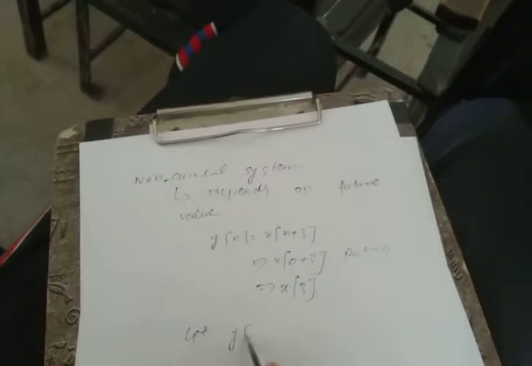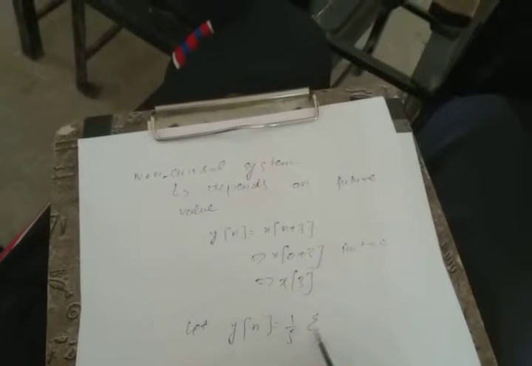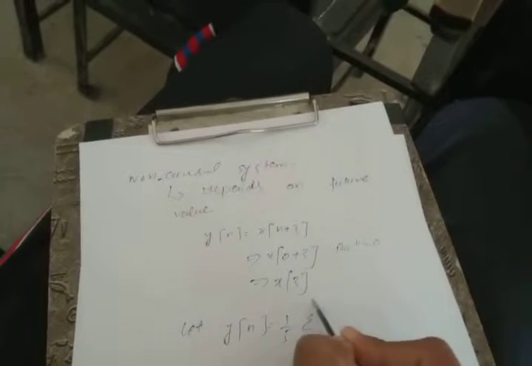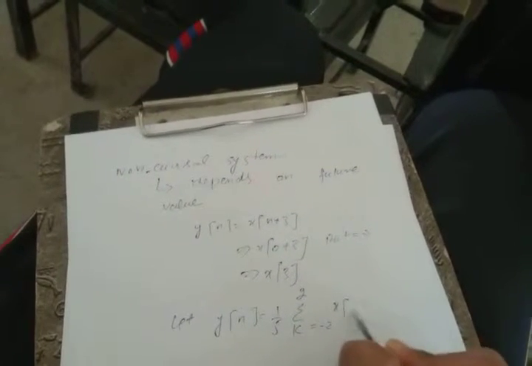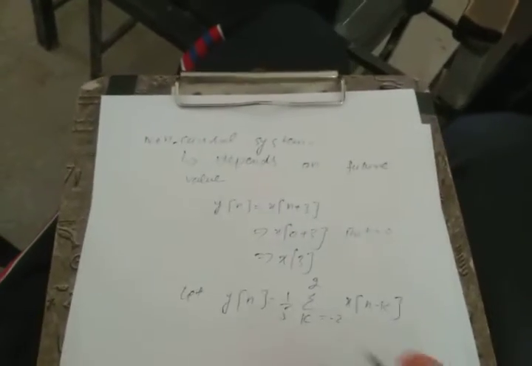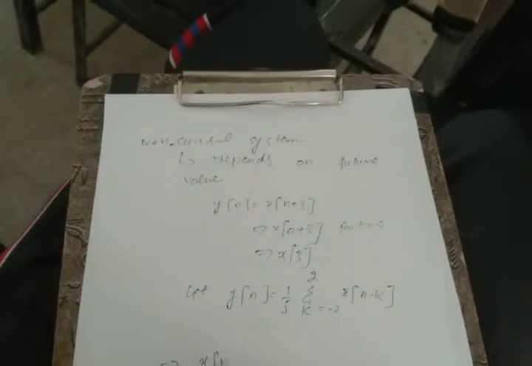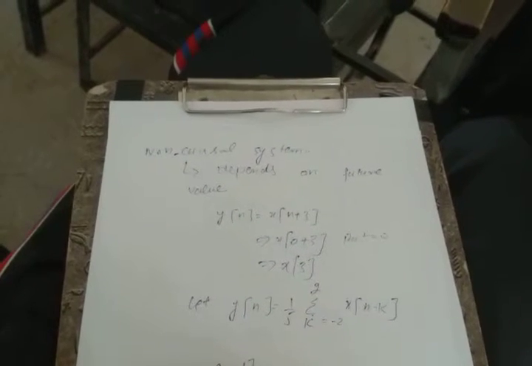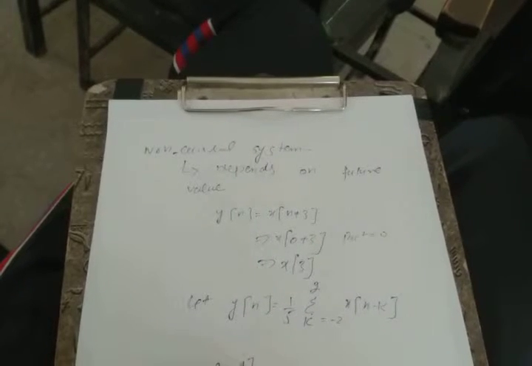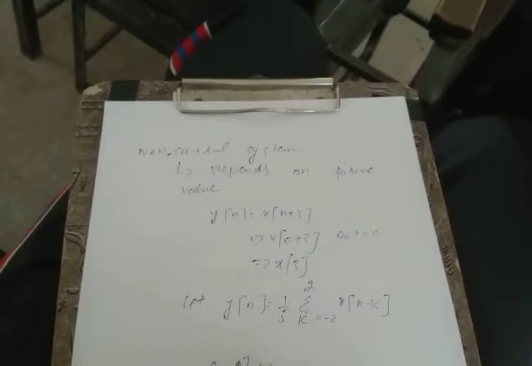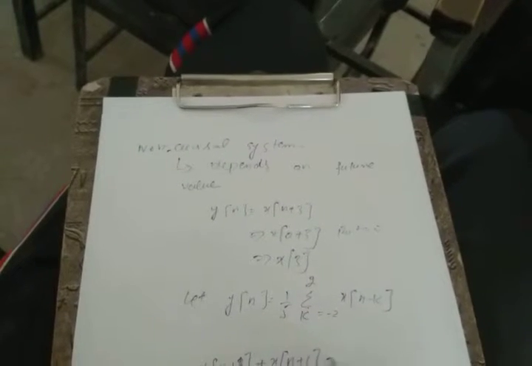For example, let's suppose we have the system y of n is equal to 1 over 5, sum over k equal to minus 2 to 2, of x of n minus k. First of all, we open this summation as x of n plus 2, plus x of n plus 1, plus x of n minus 0, plus x of n minus 1, plus x of n minus 2.